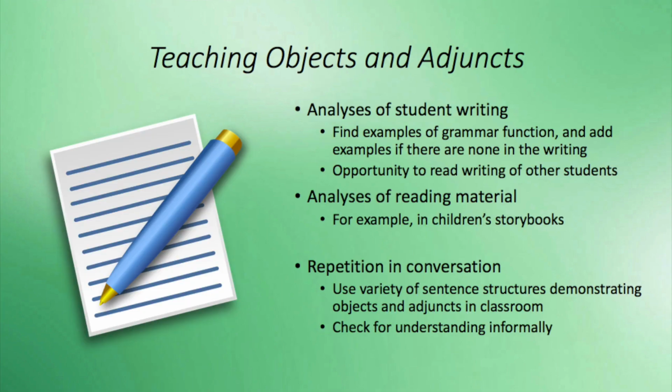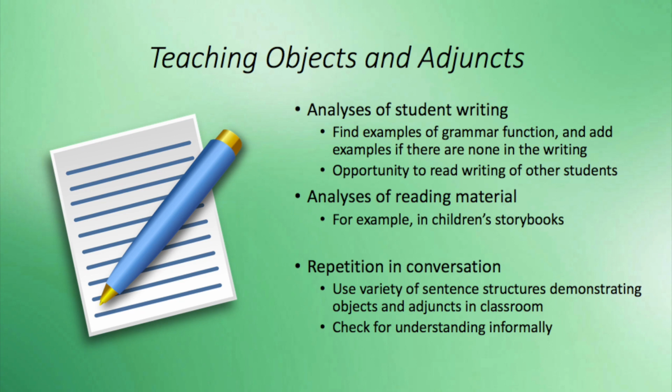So I would try to teach objects and adjuncts by having stuff that's really concrete with things that students are either writing or reading, namely finding examples of the grammar functions like the different types of adjuncts and the different uses of objects in their writing one at a time so that it can be focused on.